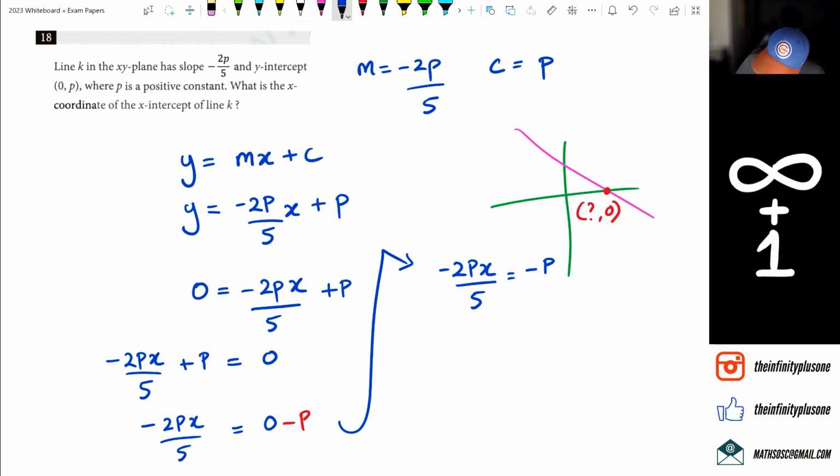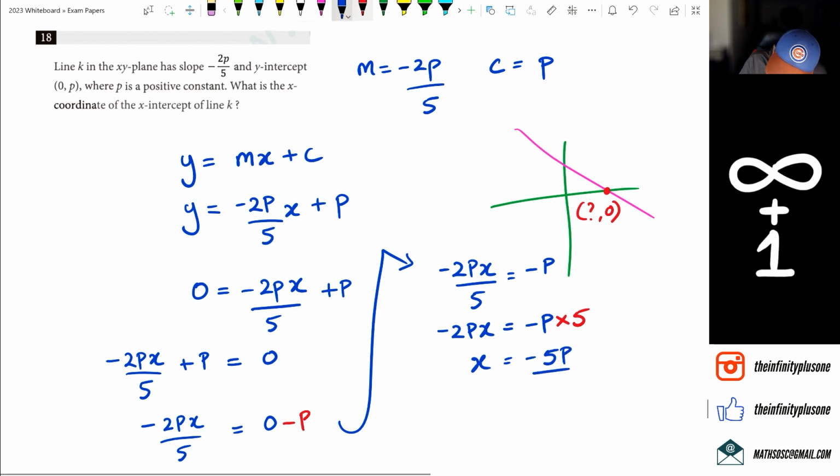Get rid of the 5. I've got negative 2px equals negative p times x. Sorry, times 5. Put that in red. Then I've got x by itself, which is negative p times 5, which could be written as negative 5p.